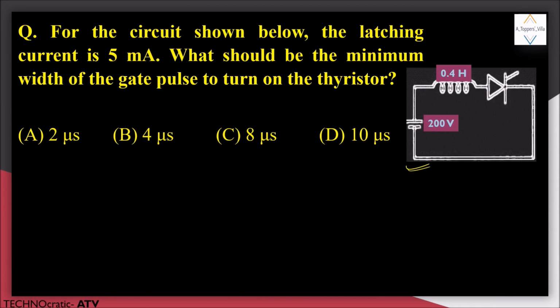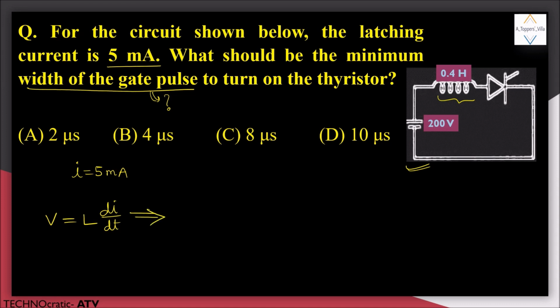For the circuit shown, the latching current is 5 milliampere. What should be the minimum width of the gate pulse to turn on the thyristor? Since we know for inductor, the expression for voltage is given as V is equal to L di upon dt.